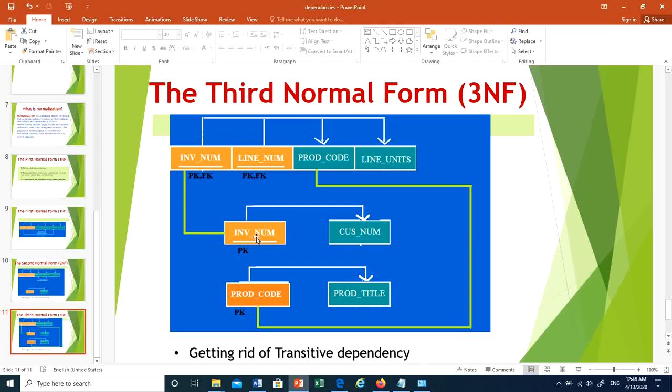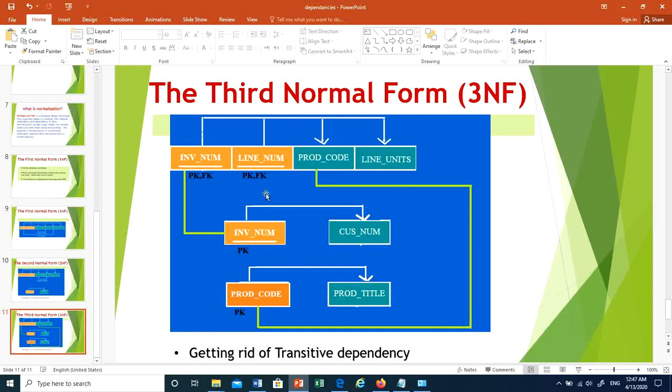Now invoice number for this relation becomes a primary key, and it has a relationship with this invoice number in the original relation. And also here product code becomes the primary key for the product title, and it relates to the original relation by product code that has been left there as a copy of the same attribute.